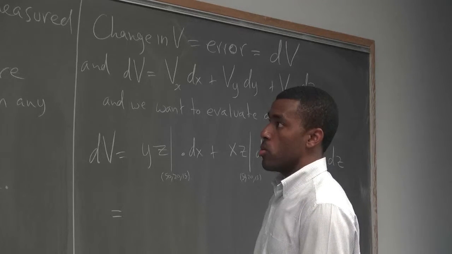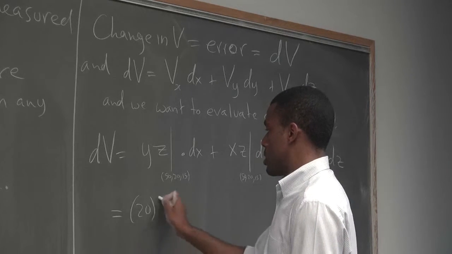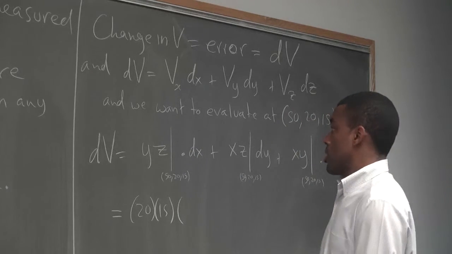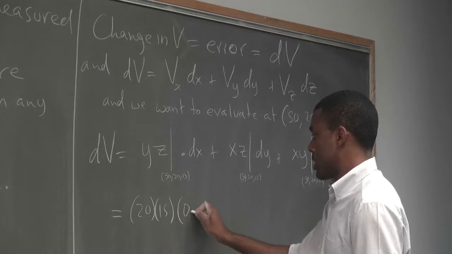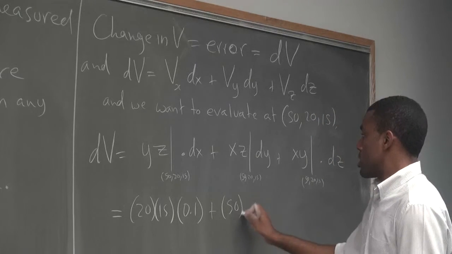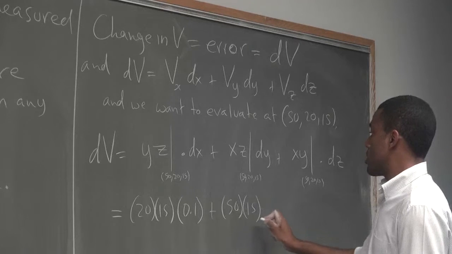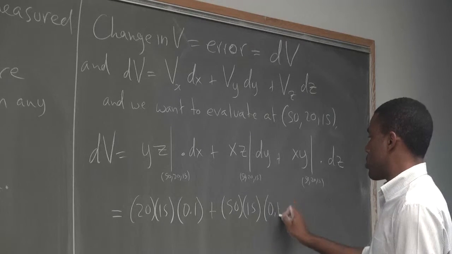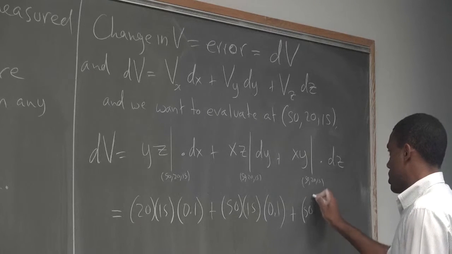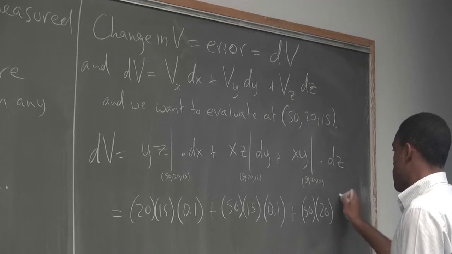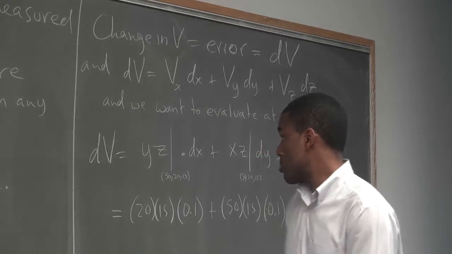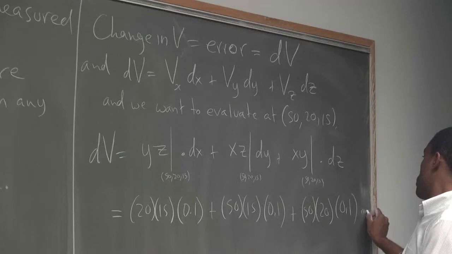So our y was 20, z was 15. The change in x could be as much as 0.01, it's actually the change for all of them. Plus x was 50, z was 15. The change in y is also 0.01. That could be the maximum error. X is 50, y is 20. Change in z is that.